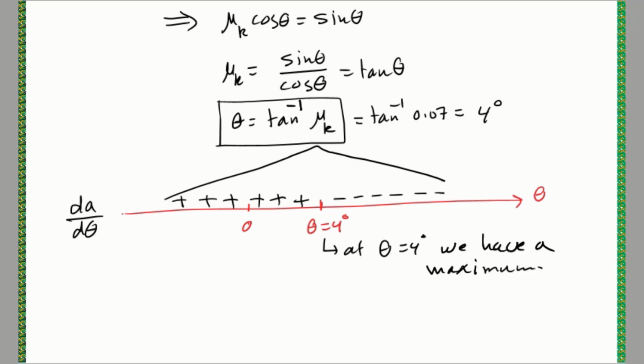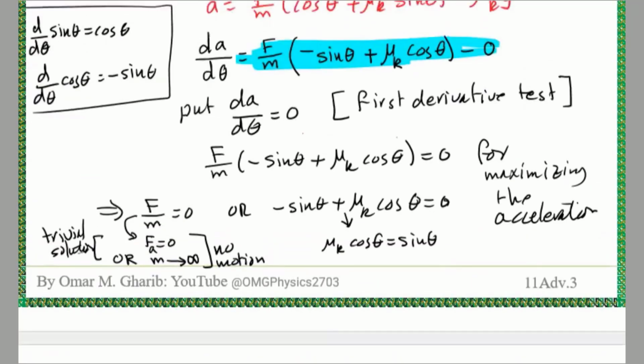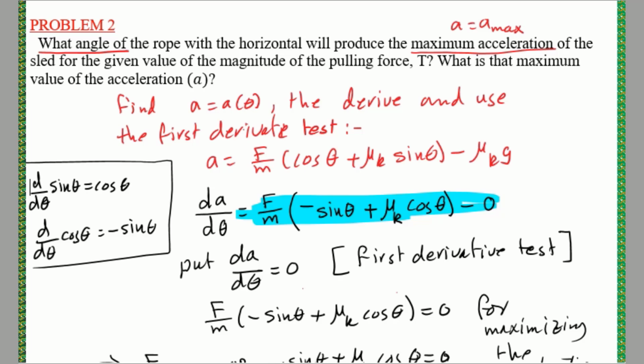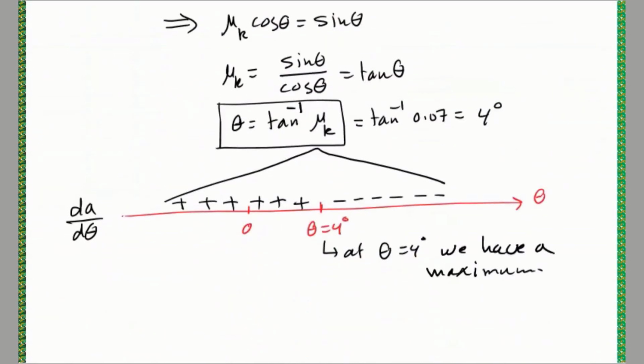Now, what is the maximum acceleration? The maximum acceleration is the acceleration at theta maximum, which is 4. Here we need to put the equation for the acceleration: F over m cosine theta plus mu k sine theta minus mu k times g.